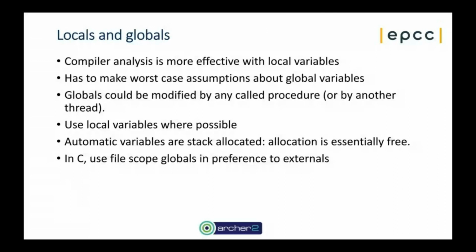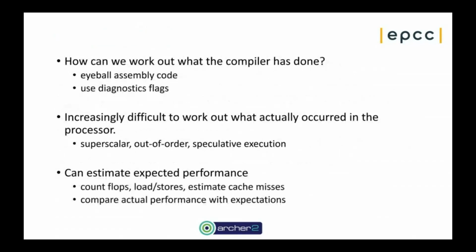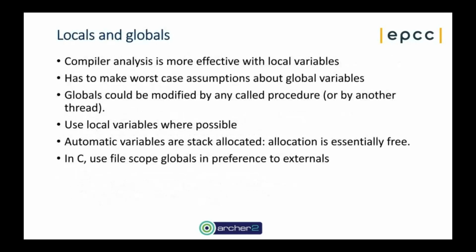Okay, so what are the kind of things that we could change in our code that would help the compiler produce more optimized code? There are various things, so local and global variables. Compilers, when they're looking through the source code, can make many more assumptions about local variables than they can about global or module level variables, because the compiler has to assume there may be other threads of this program running.